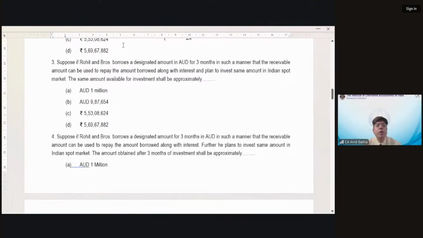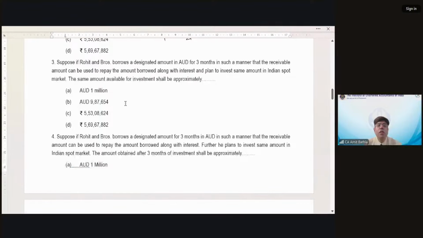Now, third question: suppose Rohit and brothers borrow a designated amount in AUD for 3 months in such a manner that the receivable amount can be used to repay the amount borrowed along with interest, and plan to invest the same amount in Indian spot market. The same amount available for investment shall be approximately.